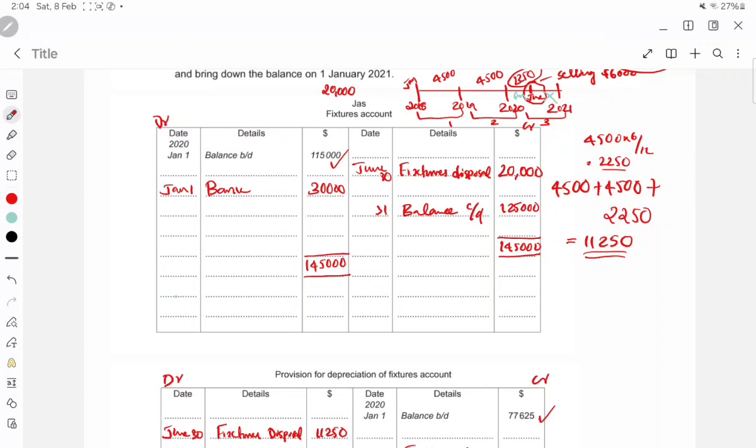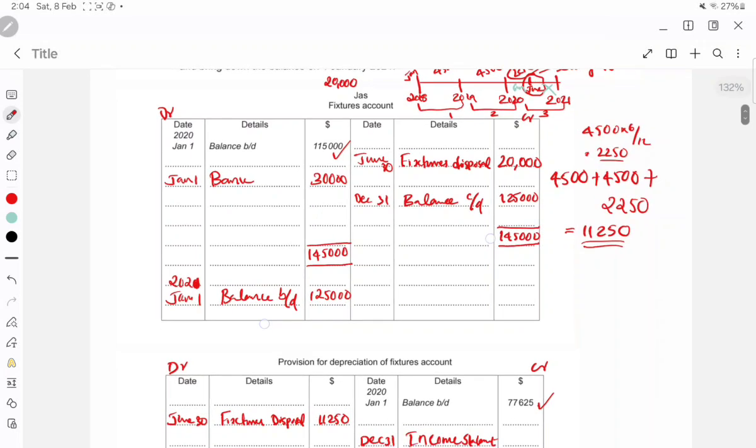That should be brought down as well on January 1st, 2021. It is carried down on December 31st, 2020, and that should be brought down here, 1,25,000. Balance brought down. Now the fixtures account is closed.